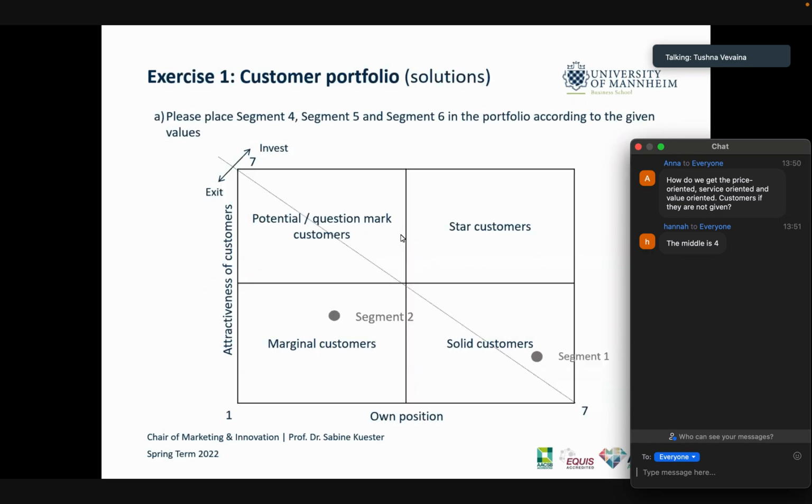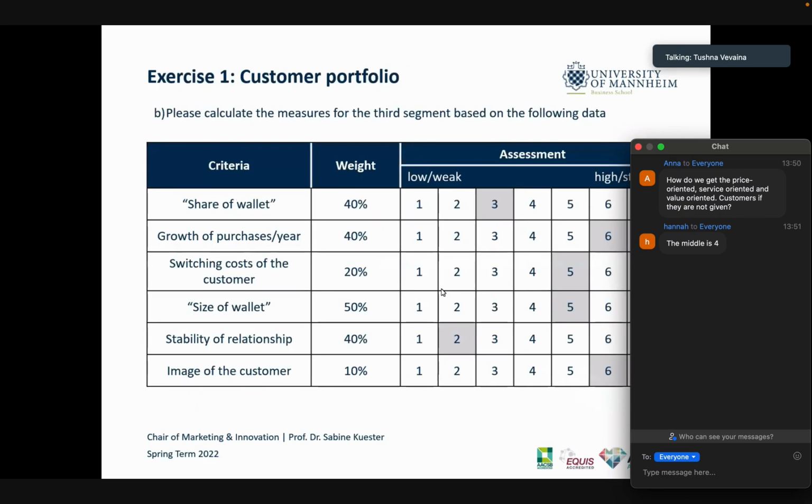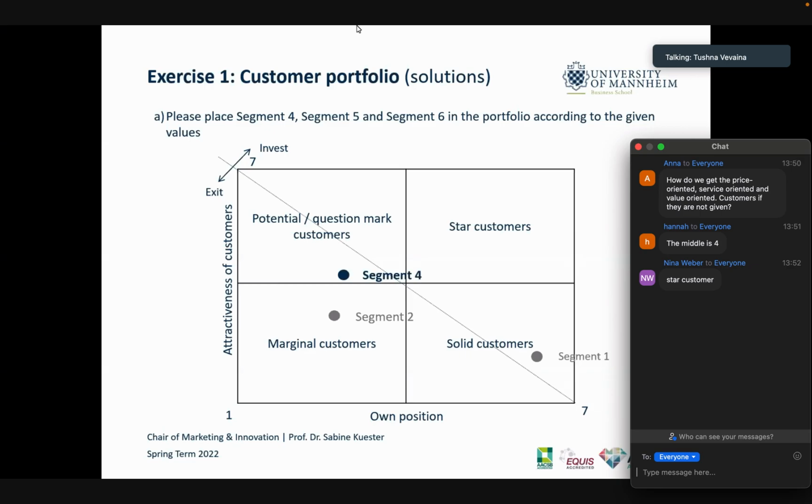Then you have segment 5. Anyone wants to answer where we would have segment 5? That is 5.1 and 5. Star customer, great. As we mentioned, if 4 is somewhere here, and if it's 5 point something and 5, you have it as a star customer. Remember, this is in your invest section, so everything in this triangle would be investing into the customers.